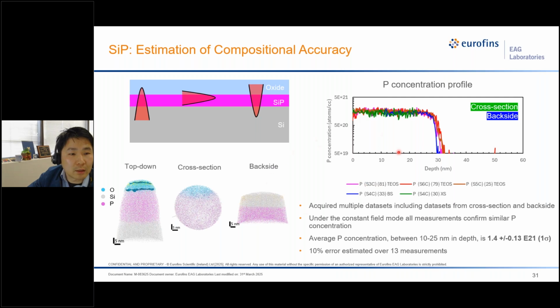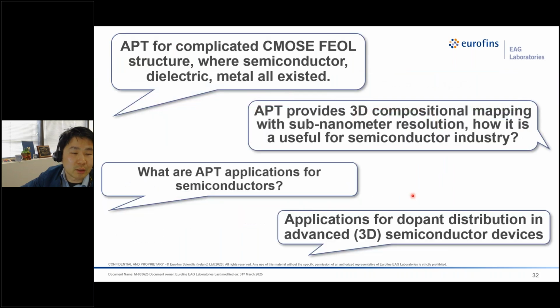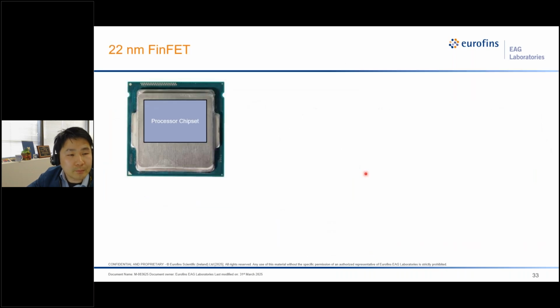So these are blanket structures, and we also received a question about the dopant analysis in three-dimensional structures, like real devices. This is definitely more challenging and more complicated. To do that, we did analysis on this 22 nanometer FinFET structure. That is a microchip we purchased from the market, and we deprocessed it at EAG.